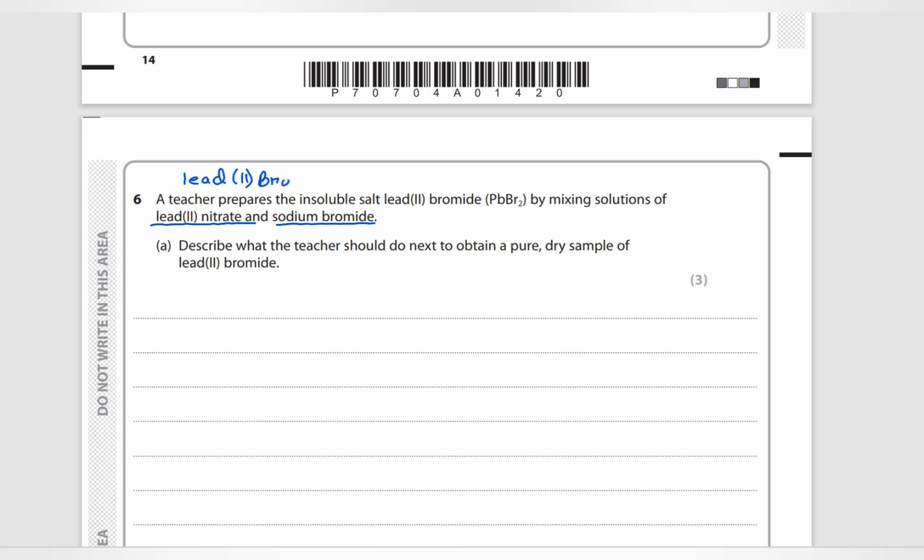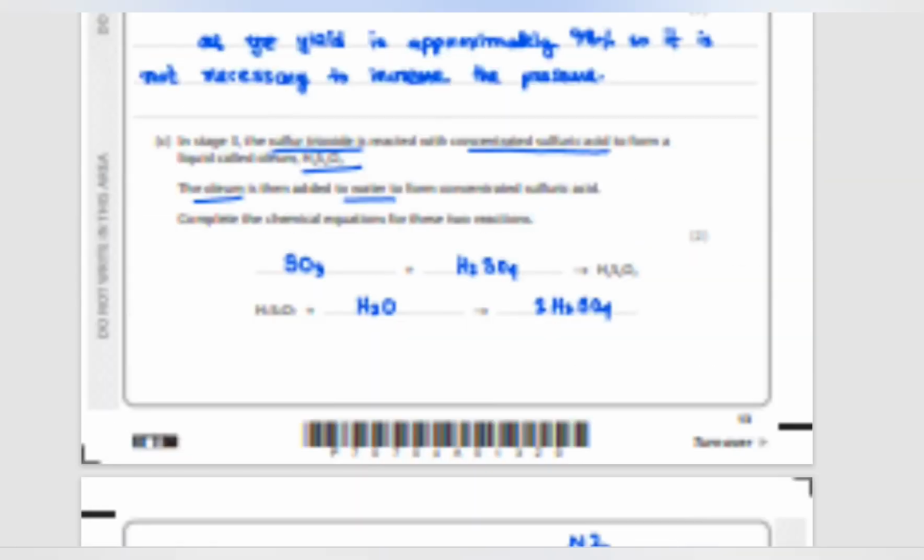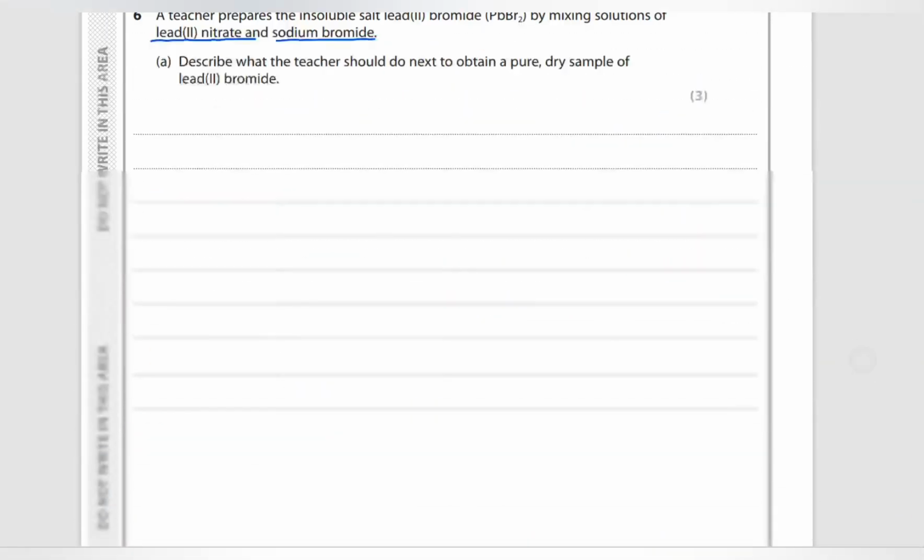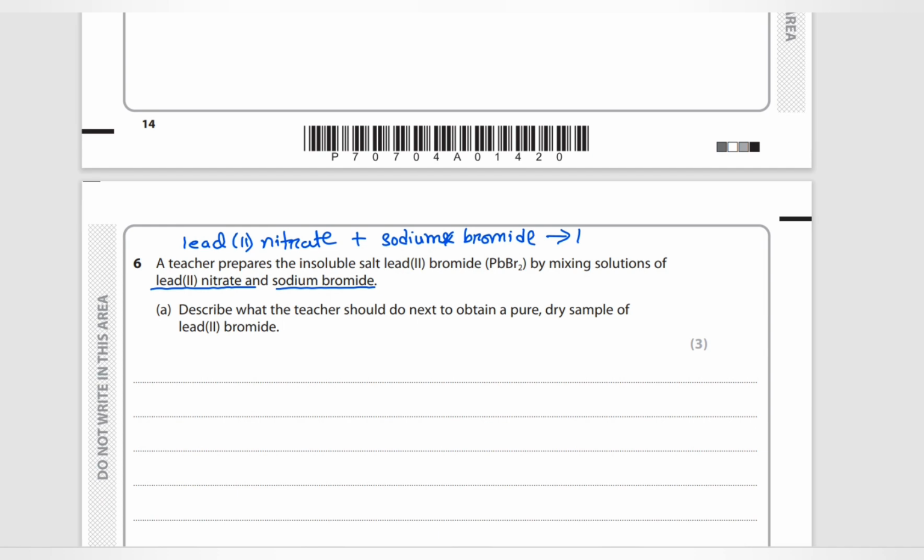lead(II) nitrate reacting with sodium bromide, and this produces lead(II) bromide and sodium nitrate.